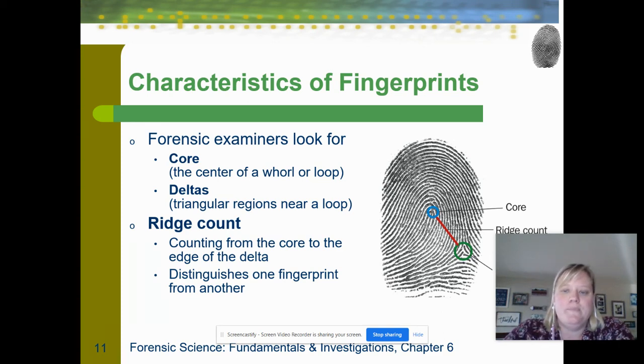So they can be different. They're different for every person. That's a good way to identify one fingerprint from another. We're going to learn about a whole bunch of different minutia patterns as well, and those are other characteristics that we can use to identify one fingerprint from another.